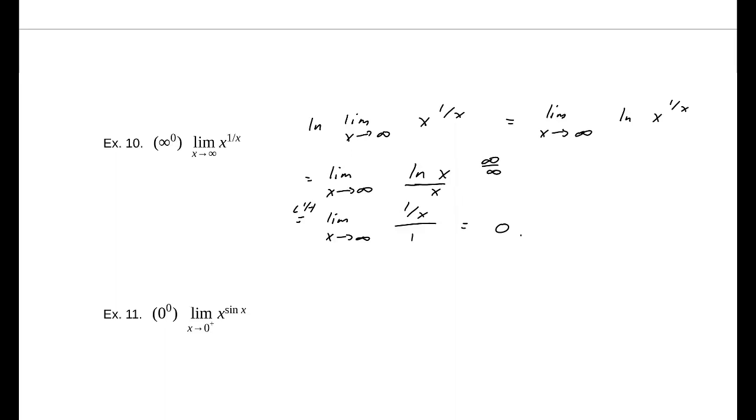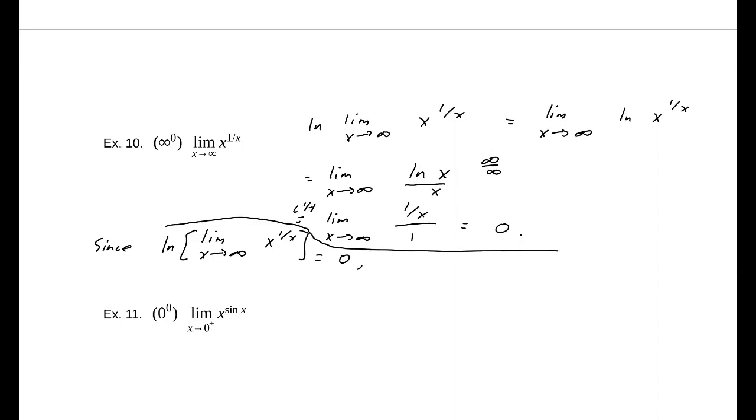Now, since the natural log of the limit as x approaches infinity of x to the 1 over x equals 0, the limit as x approaches infinity of x to the 1 over x equals e to the 0, or 1. So our limit is actually 1 in this case.